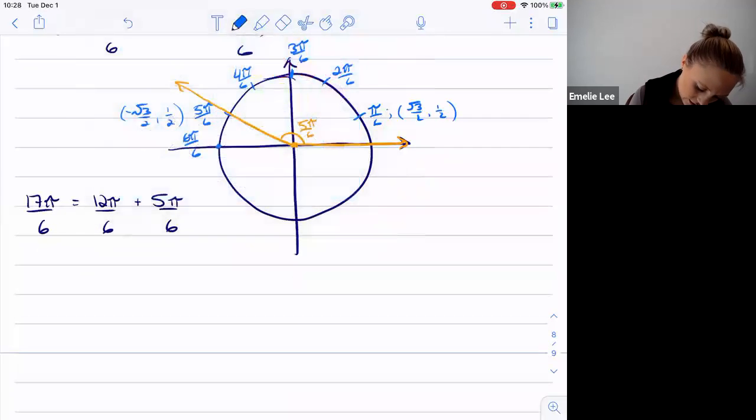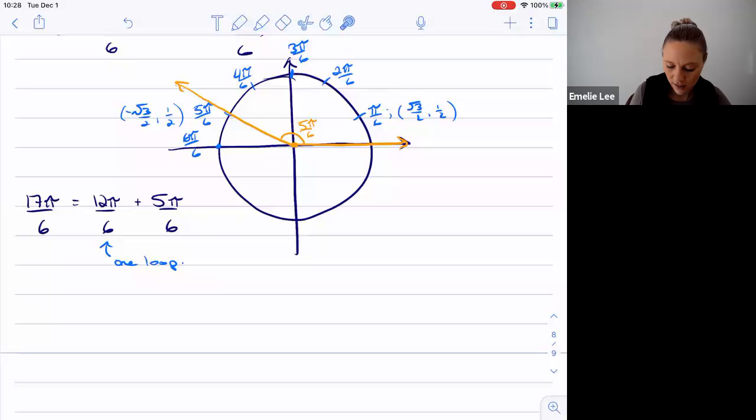Here's the first loop, one loop, and then here's the actual distance that I've traveled in terms of my angle.